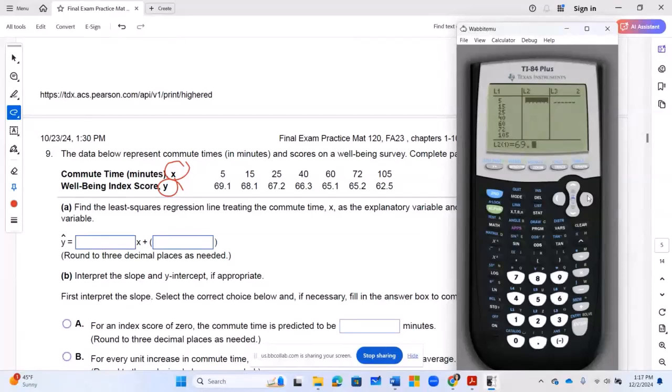So 69.1, 68.1, 67.1, actually 67.2, and 66.3, 65.1, 62, 65.2 again, 65.2, and 62.5.